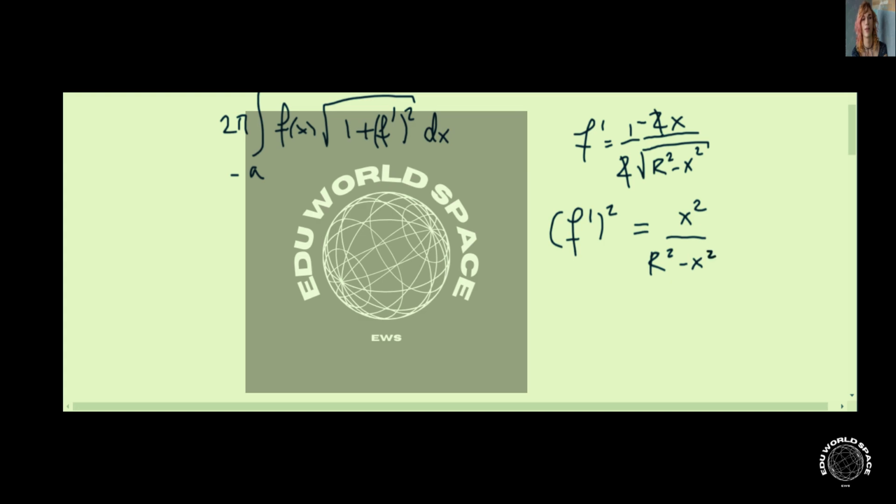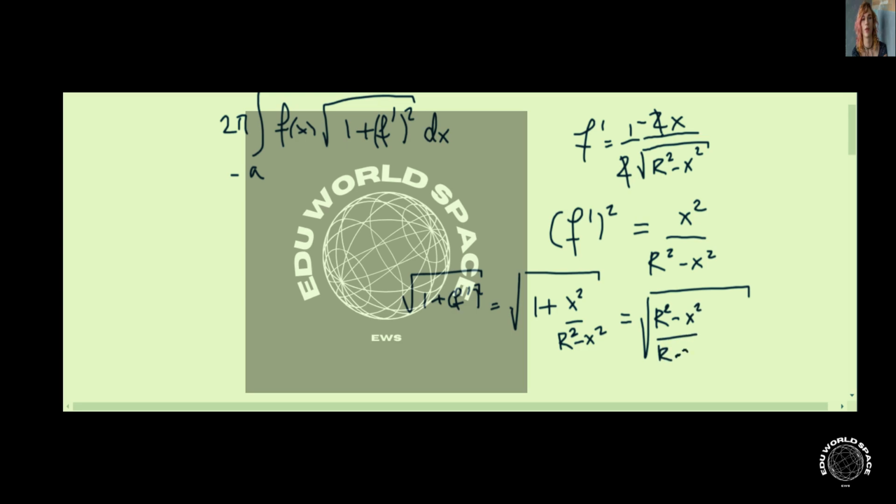So the square root of 1 plus f prime squared would be the square root of 1 plus x squared over r squared minus x squared, and then making a common denominator, r squared minus x squared over r squared minus x squared.